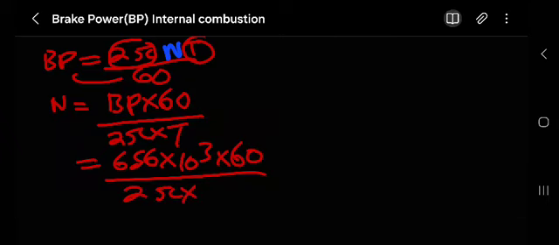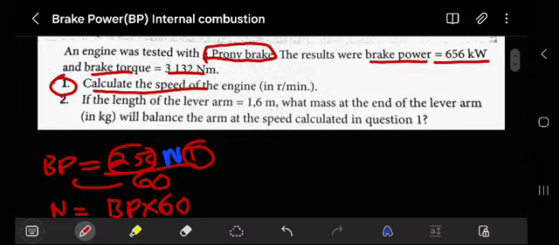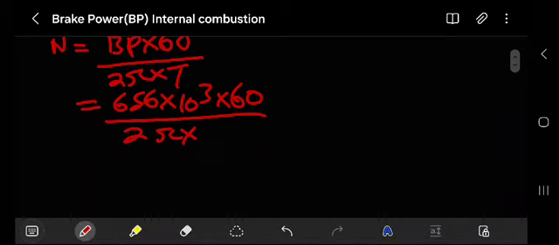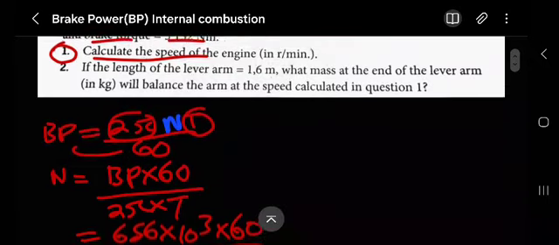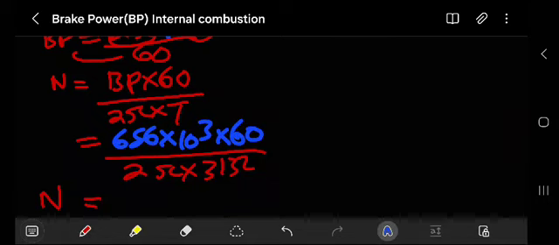What is the torque? The torque here is 3332. Then we'll have N in revolutions per minute.